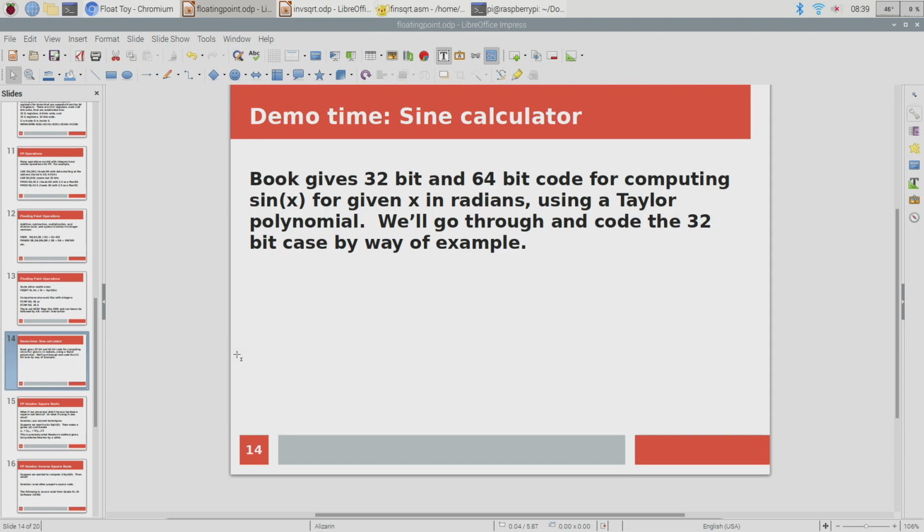So take 1.5. That's my first guess. Then I'm going to compute the following: I'm going to take 1.5 and 2 divided by 1.5 and average those two numbers.